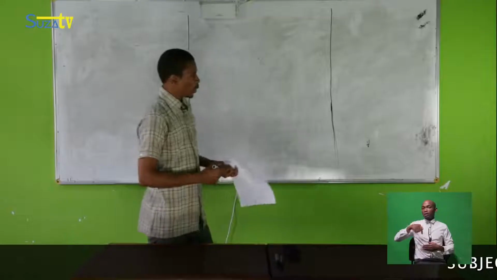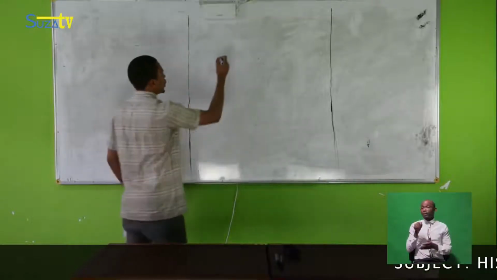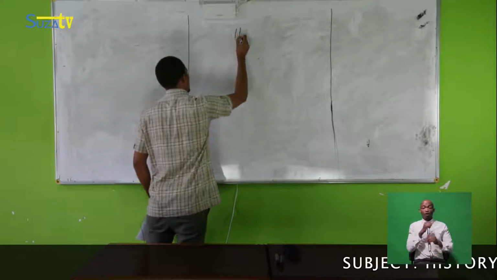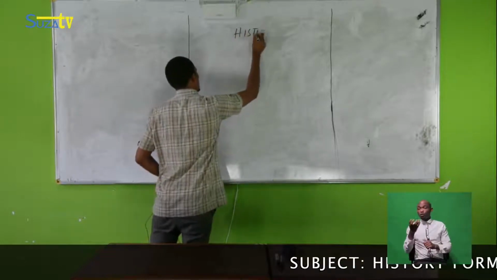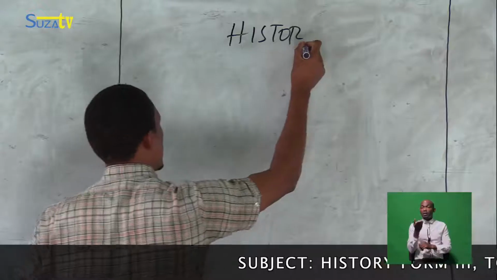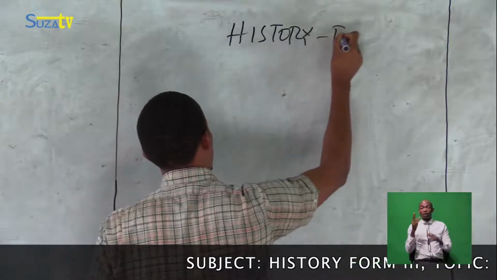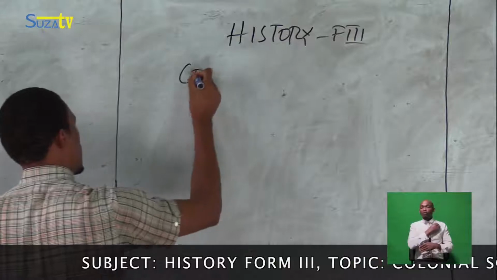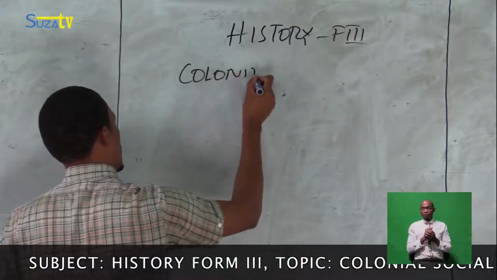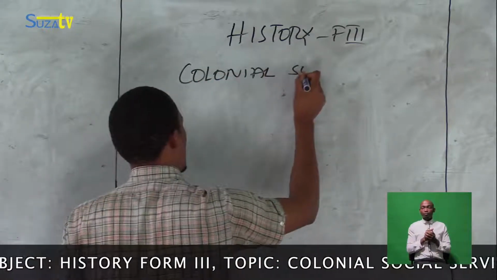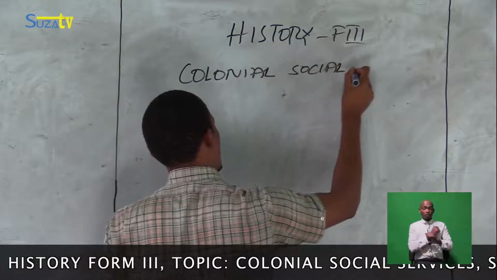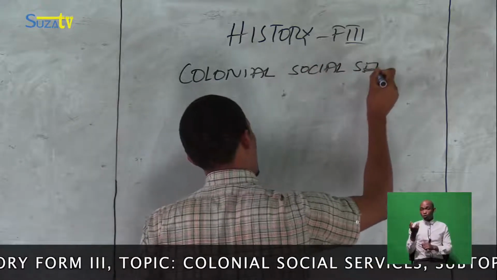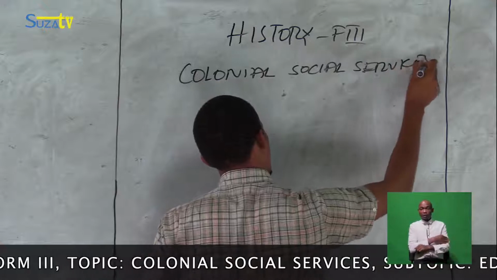Colonial social services is the fourth topic of history in Form 3.